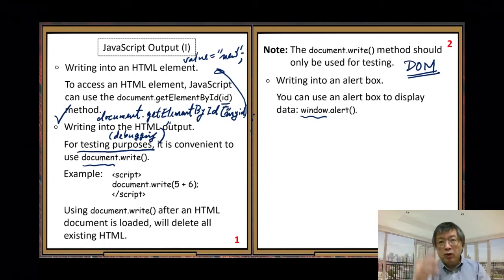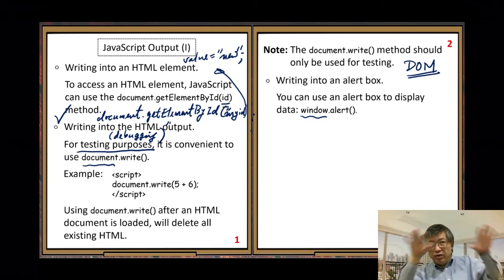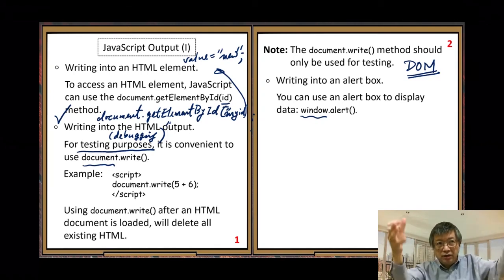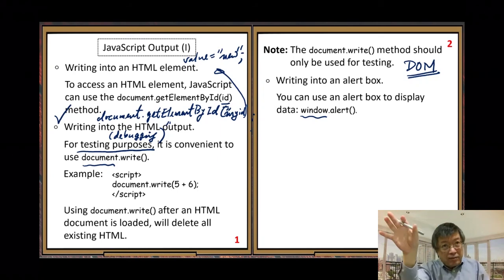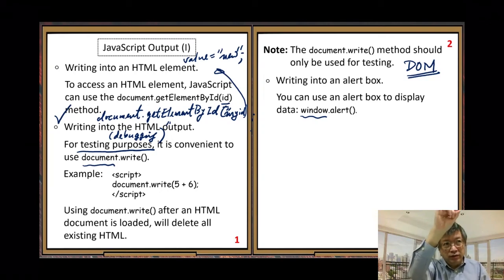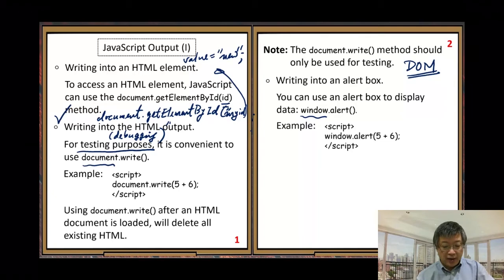In that place, we will look at the tree structure representing document content. In that model, window is the highest root, below that root is the document object, and below that document are the other elements. But here, we can use the window object to call some method, here the alert method.